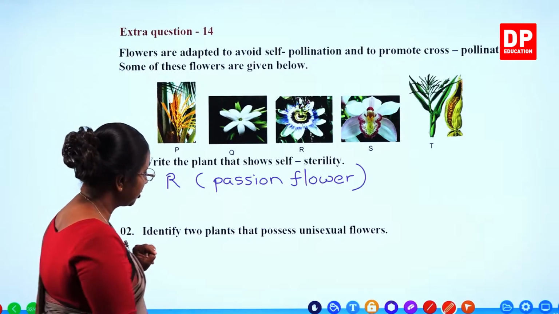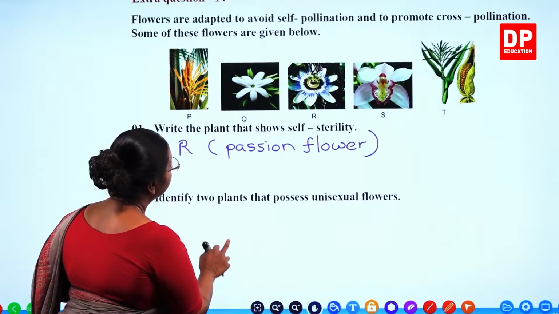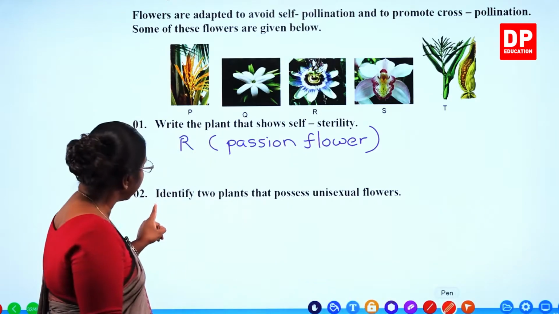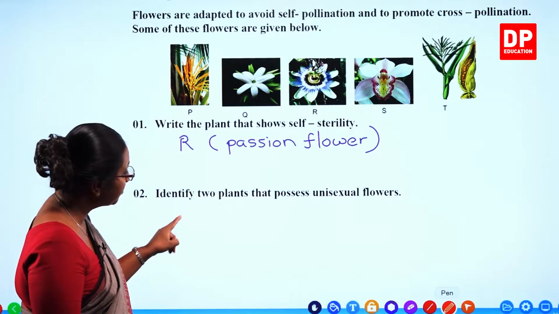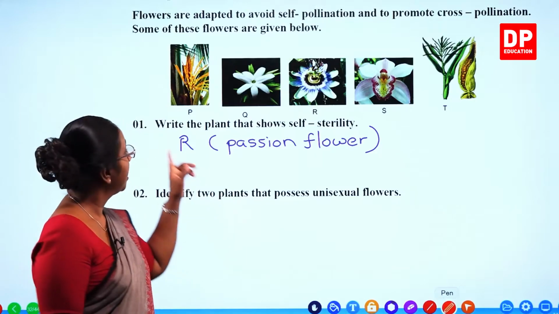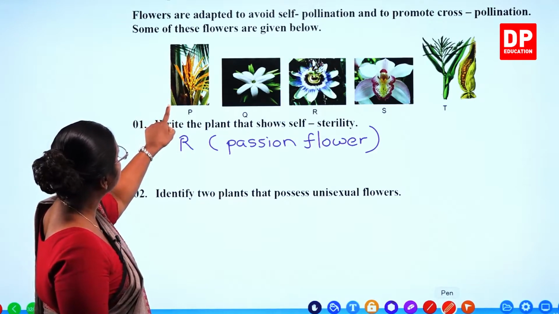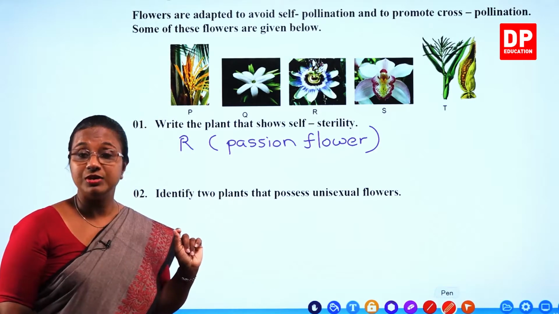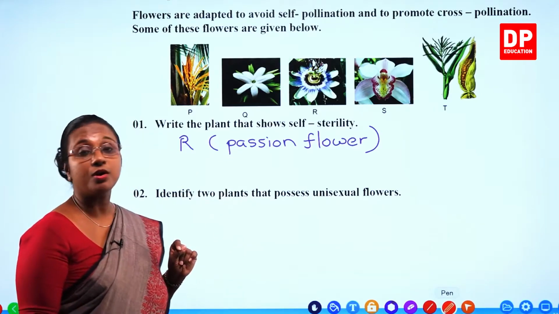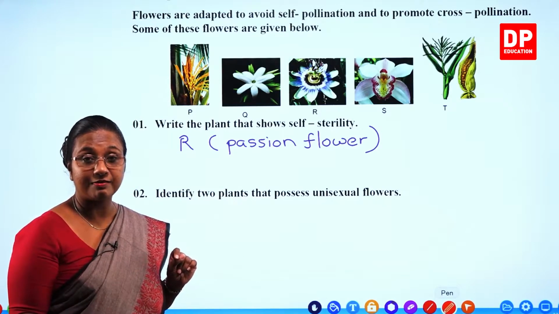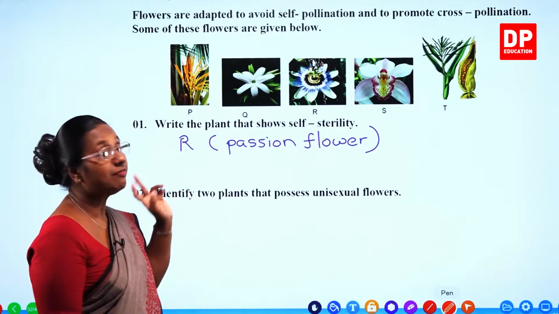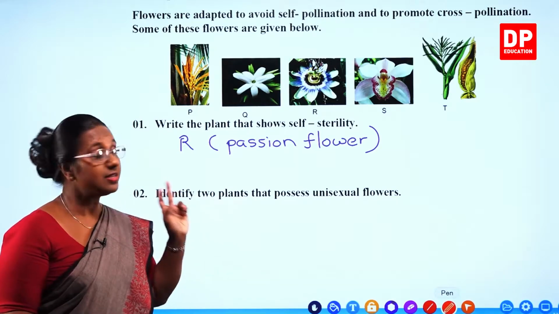Then the next question, we need to identify 2 plants that possess unisexual flowers. Out of these, you can remember coconut, it has unisexual flowers, and corn also has unisexual flowers. So both of them have staminate and pistillate flowers separately.